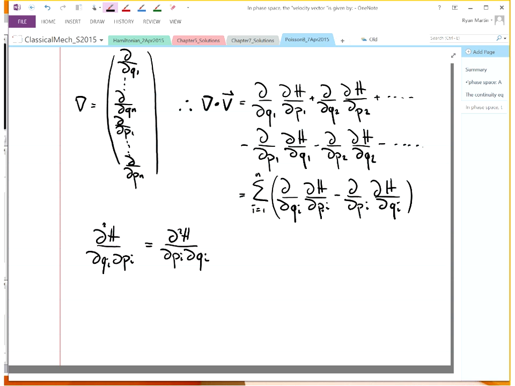That's a simple property of partial derivatives. So because the partial derivatives commute, the two terms in the sum are actually equal to each other. And since they're subtracted, this is equal to 0. Well, the part that's equal to 0 is the divergence.